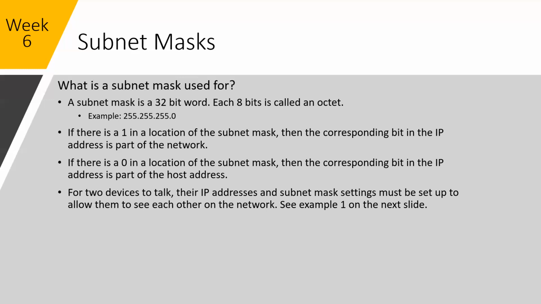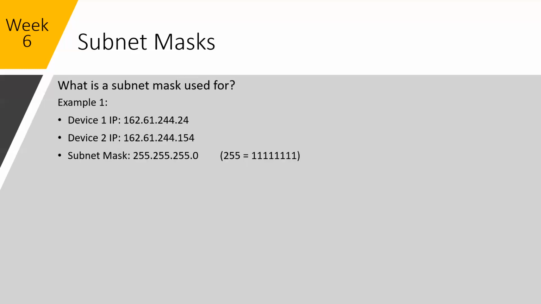What it's talking about is ones and zeros when you break down each one of these words. Remember how we converted decimal into binary? So when the subnet mask is broken into binary and the IP addresses are broken into binary, you'll see here what happens when the subnet masks don't match and why things can and cannot communicate.